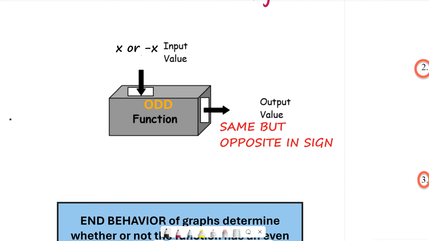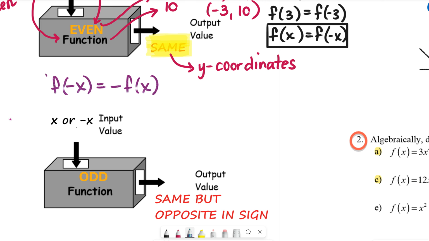Okay, here we go. With odd functions, we look at the top of your page and see how they wrote that equation in that rectangle. So f of negative x is equal to negative times f of x. Okay, so here's the difference.